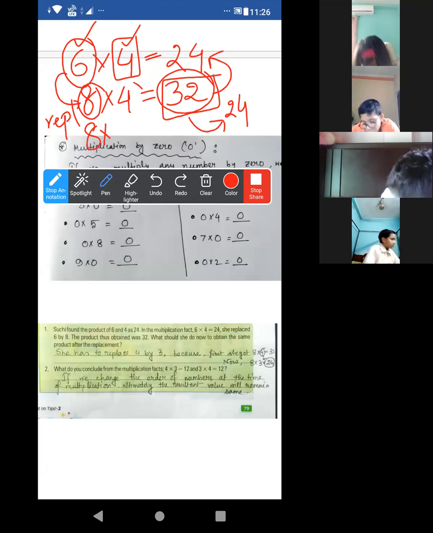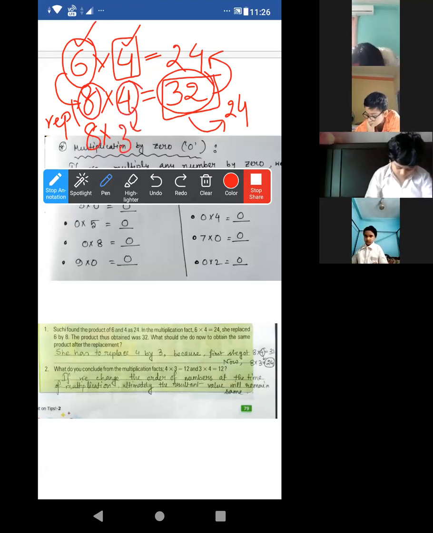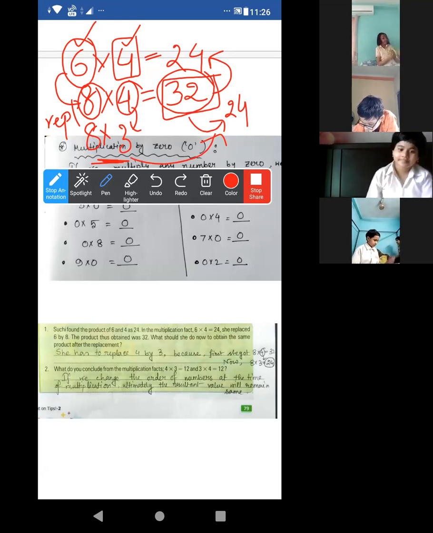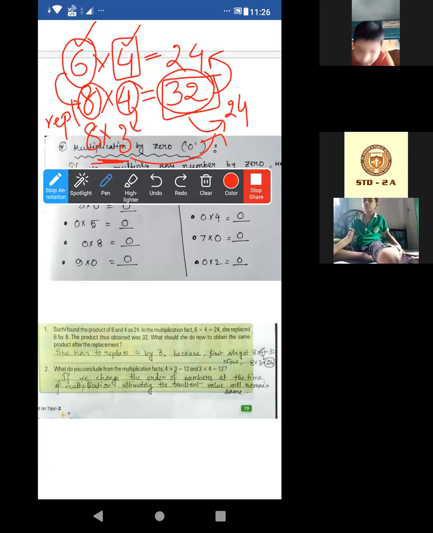If we replace this 4 by 3, then the answer will be 3 8s are 24. Yes or no? Is it clear, Devi, Ishan, Pranavi? Okay. Good.